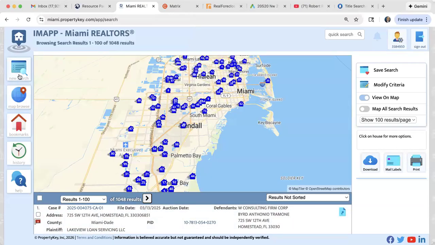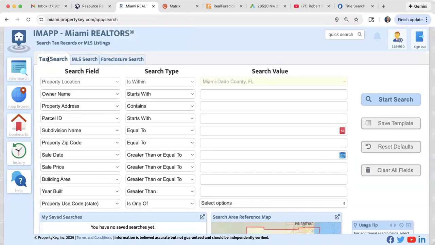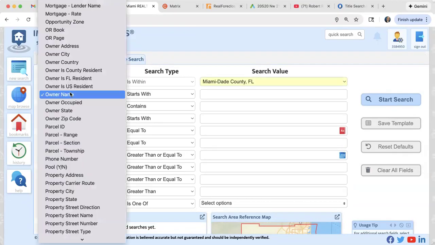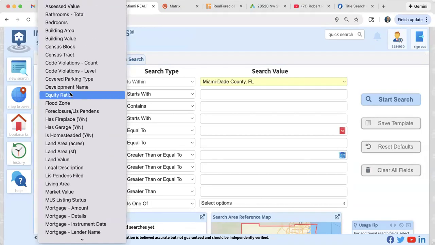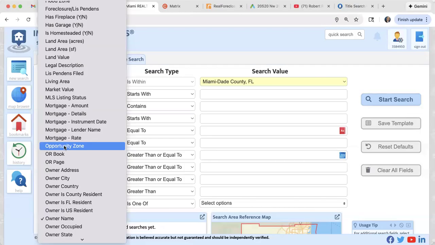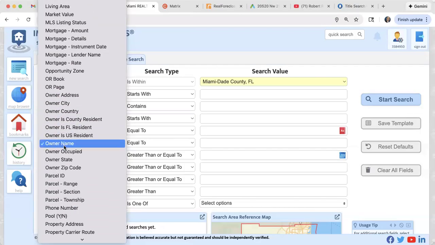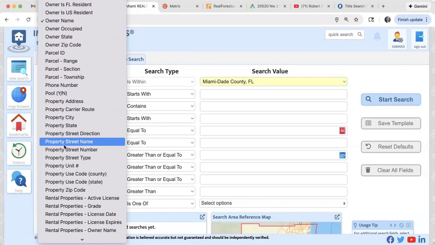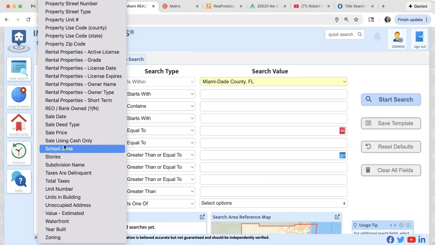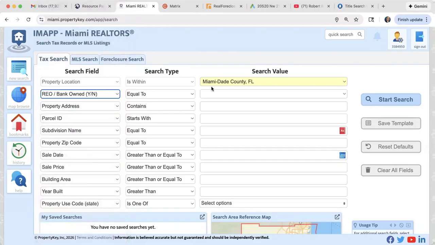Okay. Now, if I go to IMAP and I go back to tax search, right? For owner name, let's just open this up and let's just click on bank owned. REO, bank owned. What am I looking for here? There it is. REO bank owned, right? Let's click on yes.